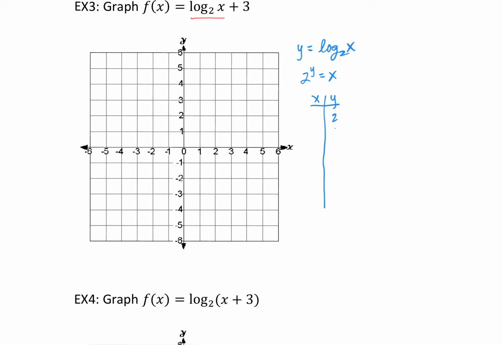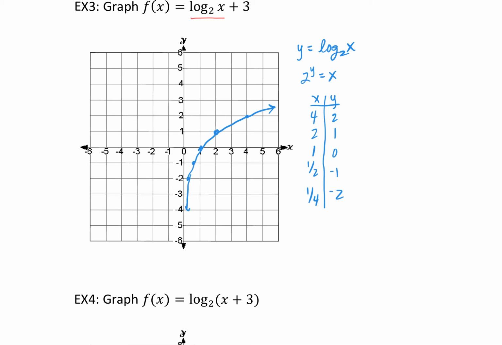The usual ones would be 2, 1, 0, -1, -2. That's more than enough points, which would give us 4, 2, 1, half, 1/4. So 4, 2; 2, 1; 1, 0; half, -1, and so on. This is not the final graph. Remember, this is the basic or parent function.